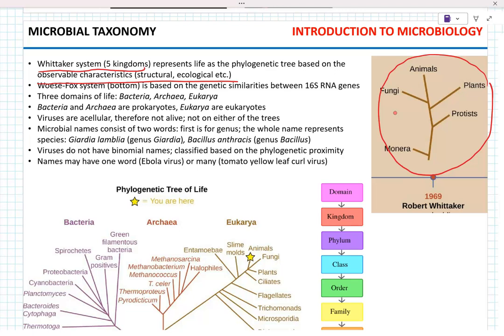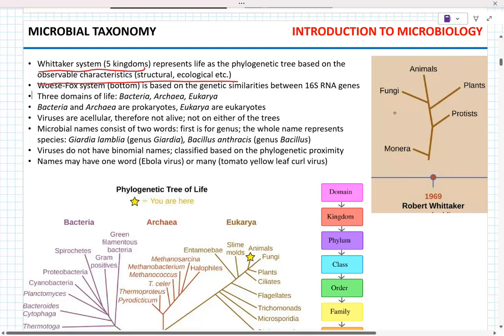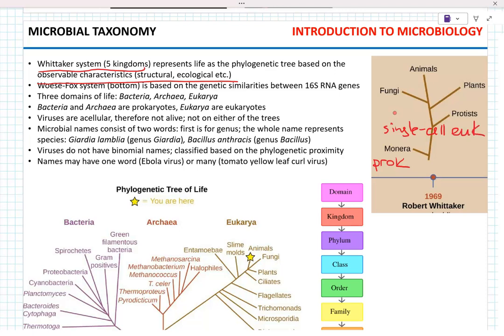Now, I think you don't have any problem with identifying members of fungi, animals, or plants, but what about Monera and protists? So Monera are all prokaryotes, and protists are single-celled eukaryotes.